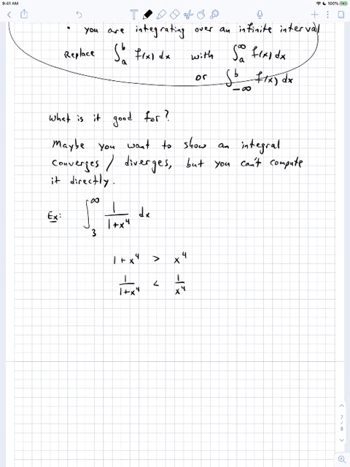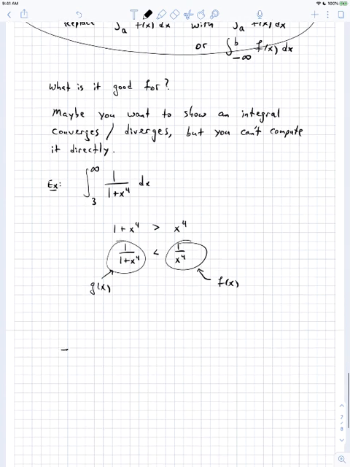In this picture, this is your function g. And this, 1 over x to the 4, is your function f(x). Now what we know is that the integral from 3 to infinity of 1 over x to the 4 dx converges.